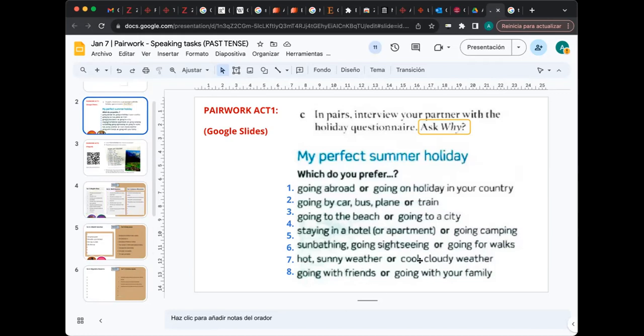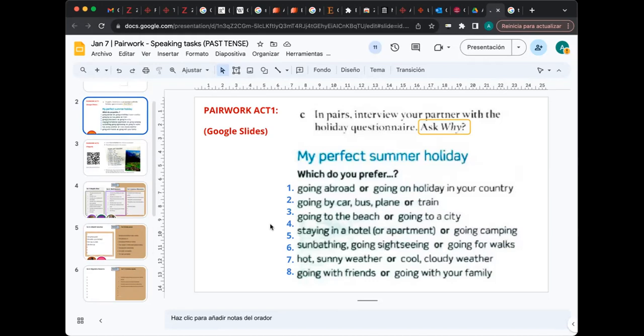Sorry. Ok, bueno, pues hacer turismo. ¿Cuál elige?